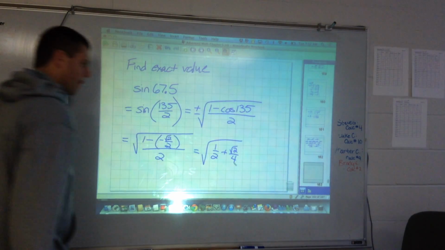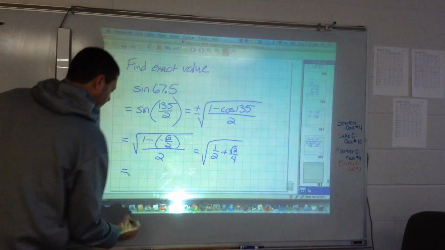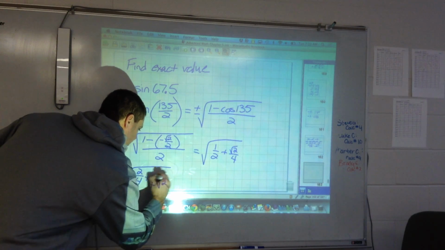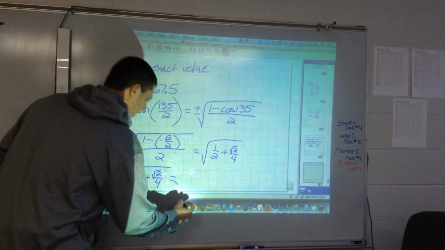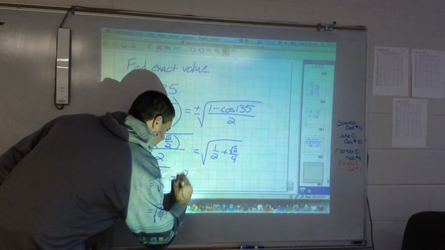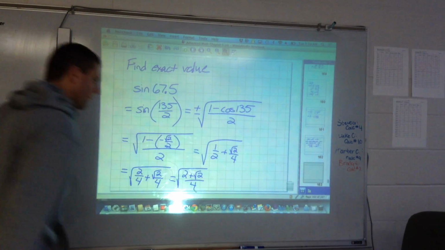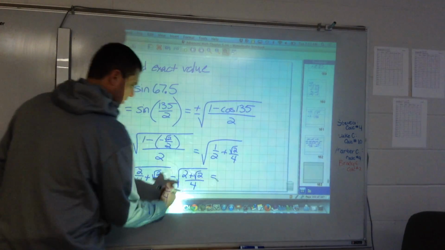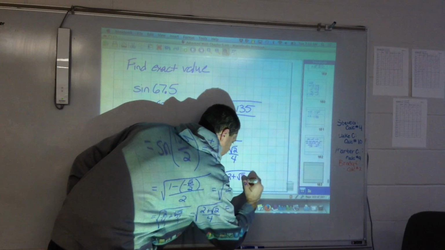If I make that a common denominator, 1 half would become 2/4. So 2/4 plus root 2 over 4. So really you get 2 plus root 2 all over 4. And if you square root the top of that fraction, you can't simplify it, so it's the square root of 2 plus root 2.